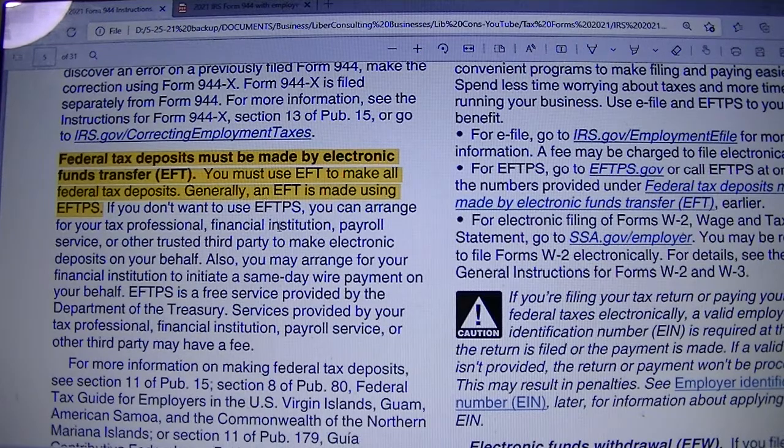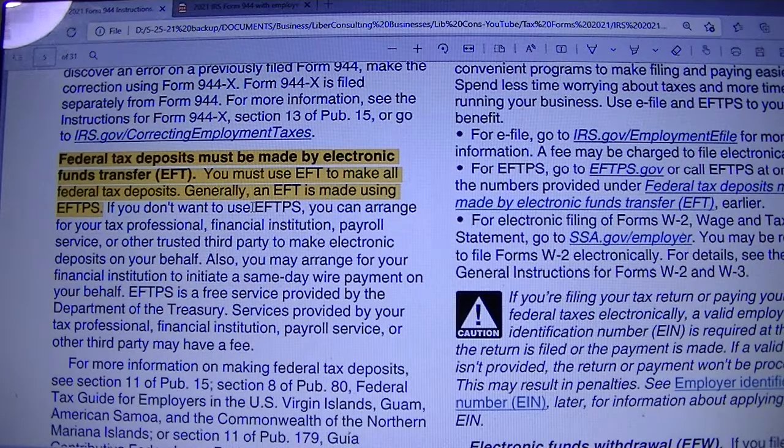So you'll have to set up an account, EFTPS. Okay, EFTPS. You'll find an account with them. They will send you information in the mail, and you will go through that to make an EFT payment, pretty much electronic fund transfer.